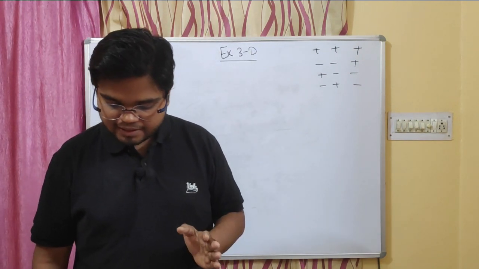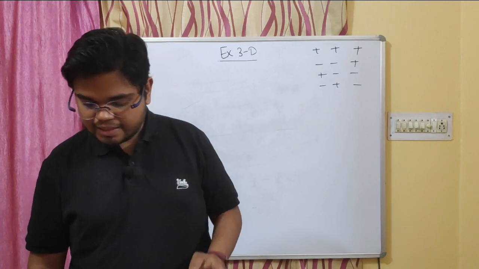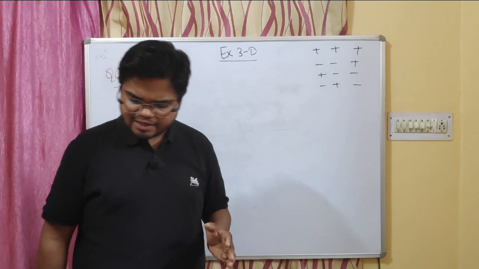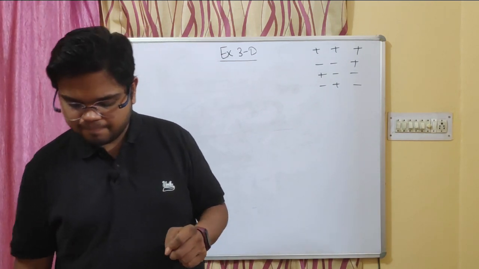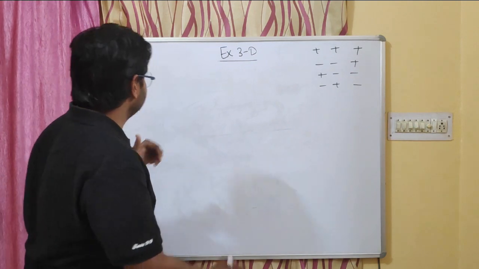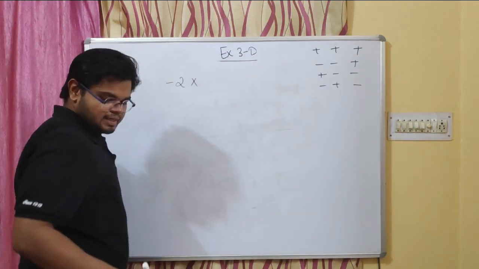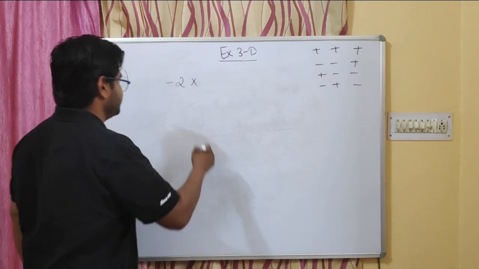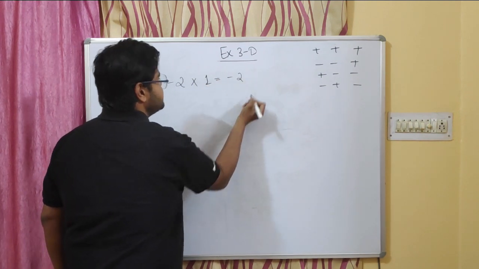Second part: of the two integers, if one is negative, then their product must be negative. Let us consider one is negative. If the other integer is positive, then the result would be negative.